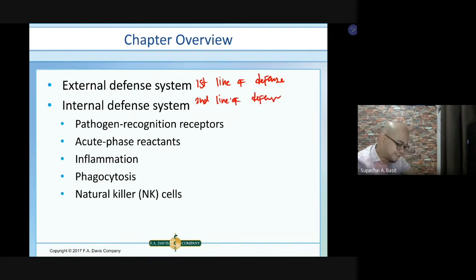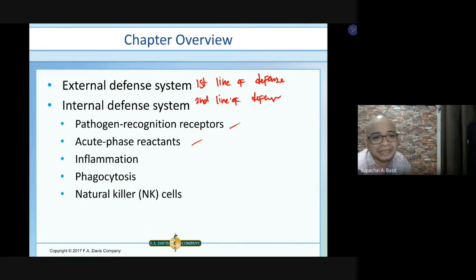The second line of defense would include the internal defense system. Under the internal defense system, there are mechanisms involved for the pathogen recognition receptors. And then we will also be secreting a certain type of chemicals in response to infection or inflammation. This is what you call the acute phase reactants.